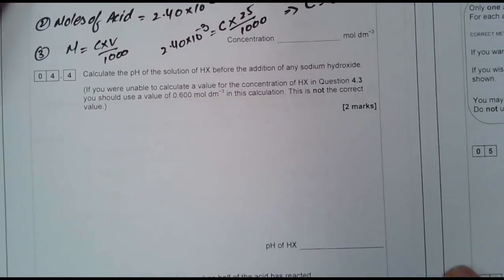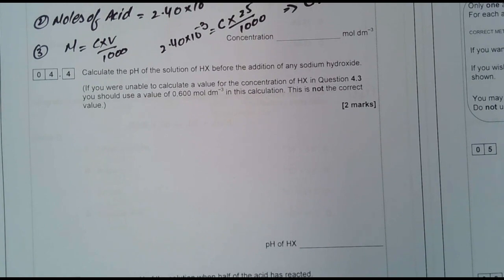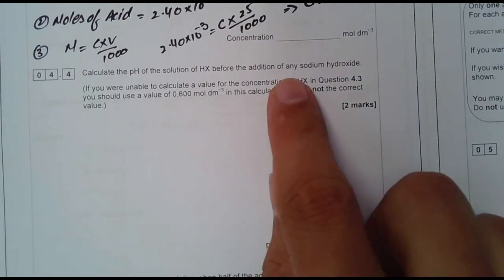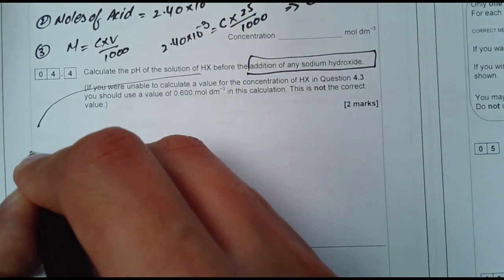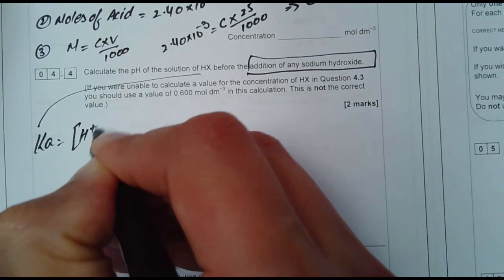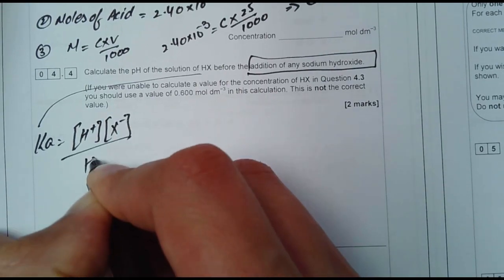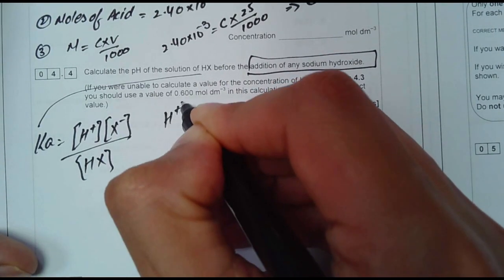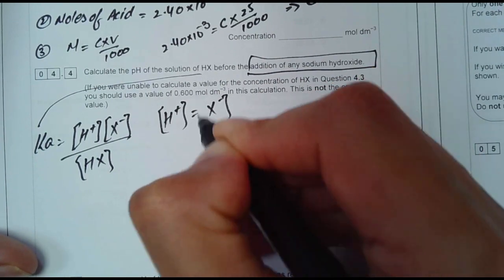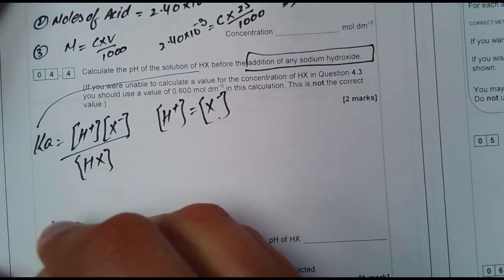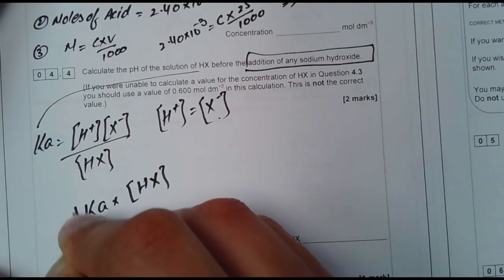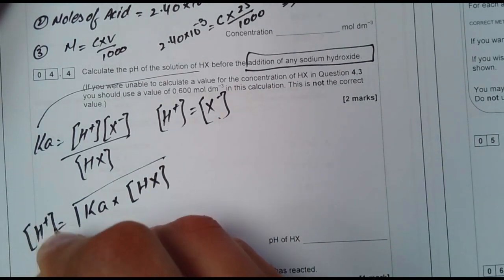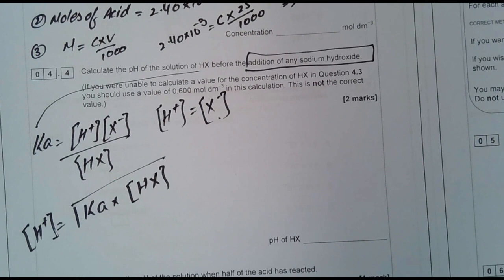Now the next part says calculate the pH of the solution of HX before the addition of any sodium hydroxide. So this means I'm going to use Ka equals H positive times X minus over HX, and I'm going to say H positive concentration will be the same as X minus, and therefore I can say it will be the square root of Ka times HX, which will give me the concentration of H positive. All I have to do is put the values in.